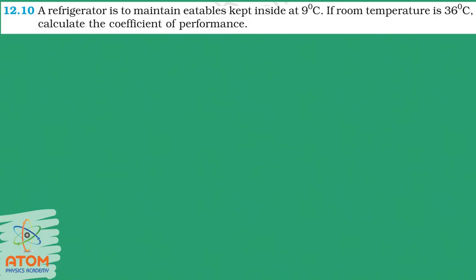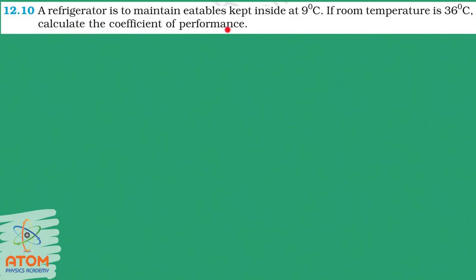Alright. Now let us see the final question of this exercise 12.10. A refrigerator is maintained with eatables kept inside at 9 degrees Celsius. If the room temperature is 36 degrees Celsius, then calculate the coefficient of performance. Here it is all about a refrigerator. The temperature of the cold reservoir is 9 degrees Celsius and of the hot reservoir is 36 degrees Celsius.